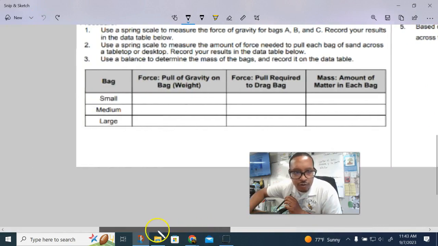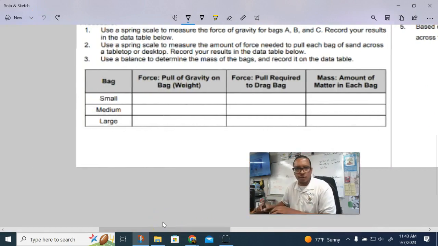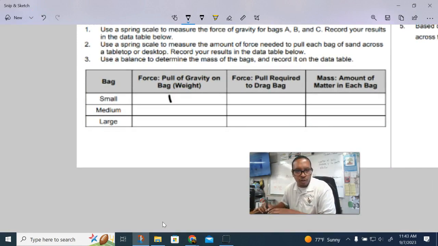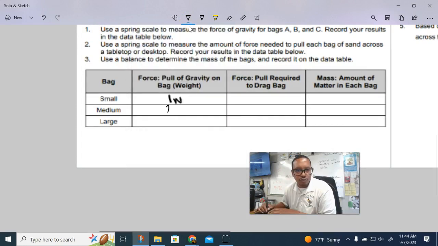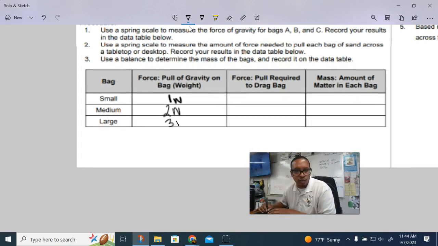So we can just come over right here. Boom. So we're gonna go ahead and write right in here. So this right here should be 1 newtons, and I don't like how thick that tip is. It's like doing too much. So I need it to be just a little bit smaller. Cool. And then this one was 2 newtons, and then this next one was 3 newtons.